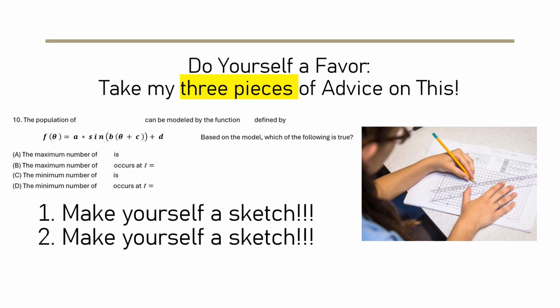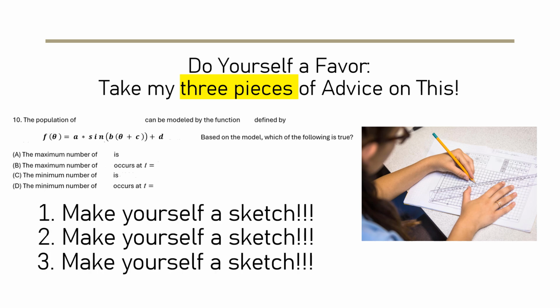Sketch it. And then look at the answer choices. You're going to find you have a much higher probability of getting it right if you make yourself a sketch. And once you make a good sketch, finding the answer choice is simple. Make the sketch.